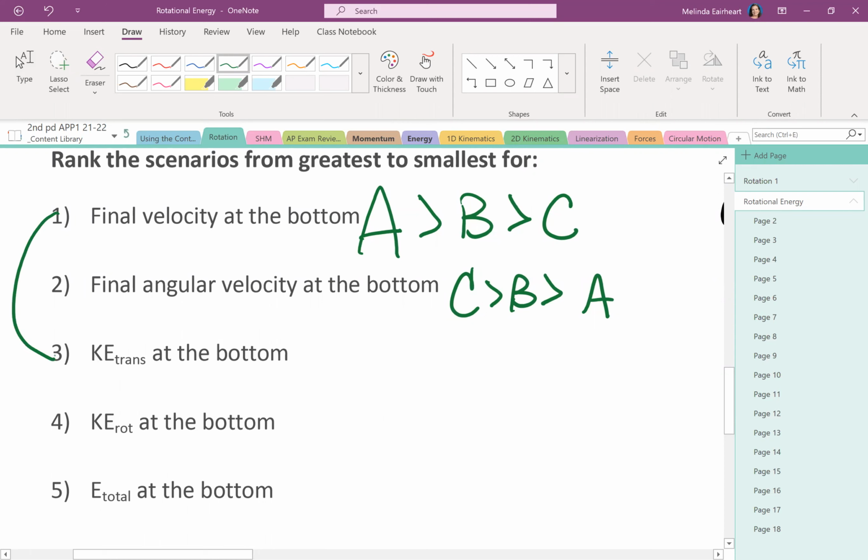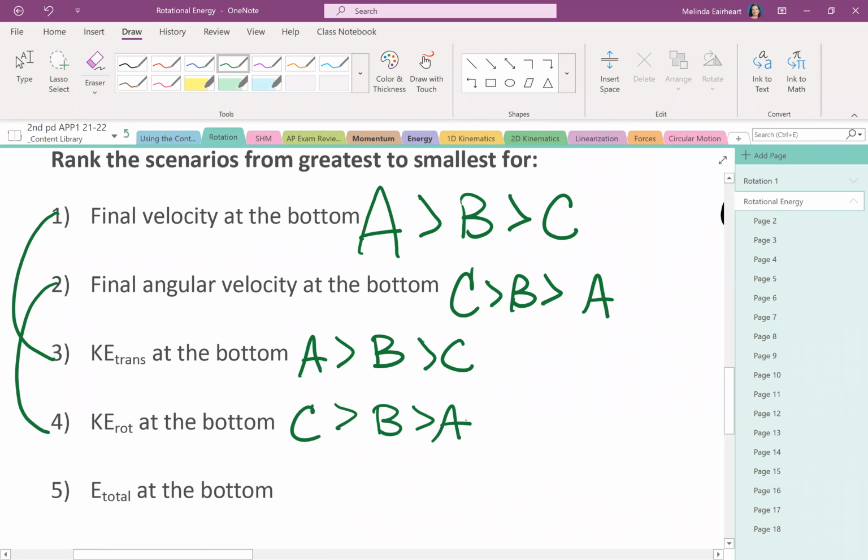Well, who doesn't rotate at all? Who rotates the most? Who's in between? So these are going to be the same rankings. 4 is just like 2, because to answer the angular velocity, you need to know who has the most rotational. And that would be C, and then B, and then A.